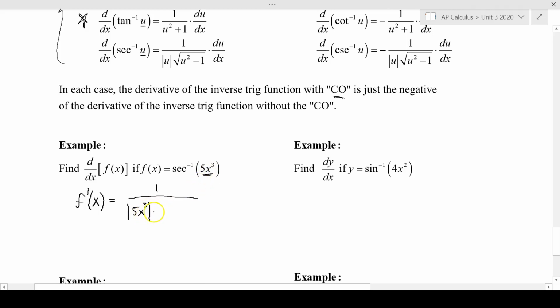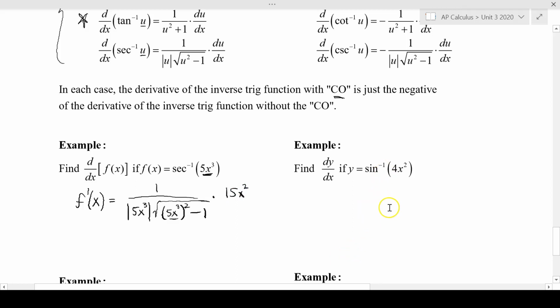But I'm going to use the absolute value in this case. So here we go, and we're going to say something squared. I'm not going to square it, I'm just going to put it in parentheses to show people that I'm supposed to be squaring it. Okay, and then times du dx. So the derivative of the inside function is just 15x to the 4th. I'm sorry, 15x to the 2nd. So that's how you apply that one.